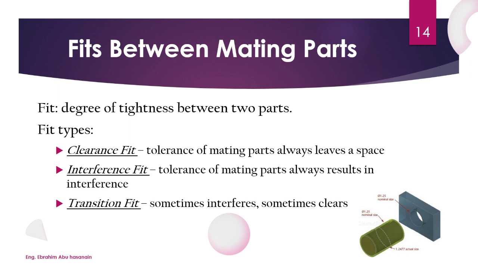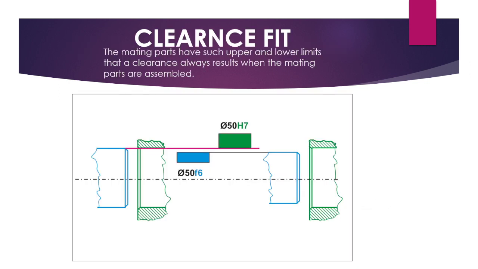Let us see the clearance fit. For example, here for 50 H7, we took for the hole, and 50 F6, we took for the shaft. The mating parts have such upper and lower limits that clearance always results when the parts are assembled.